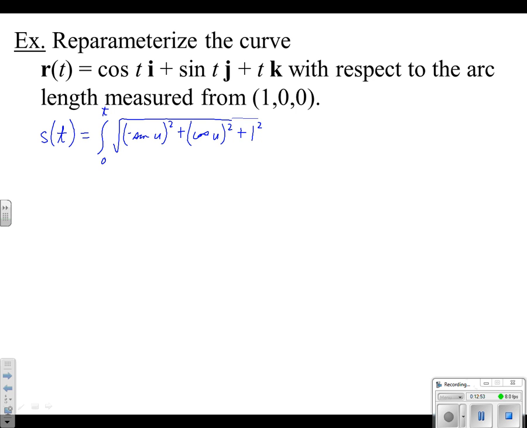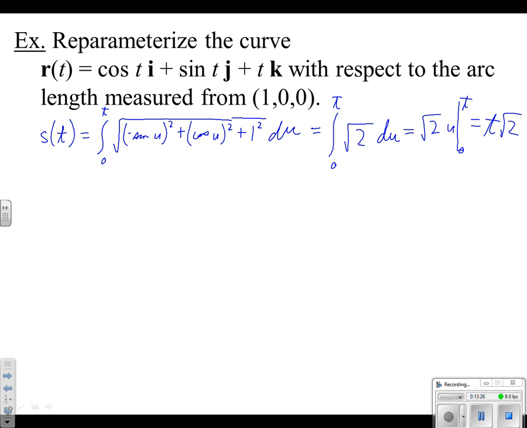Oh, each of those is squared, I forgot to mention that. And it is du. Simplify. It's the same vector function we saw before, so not too big a deal. So we get radical 2 times u from 0 to t, which gives me an answer of t radical 2.